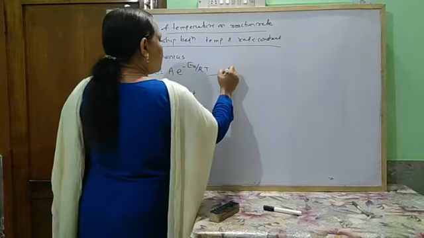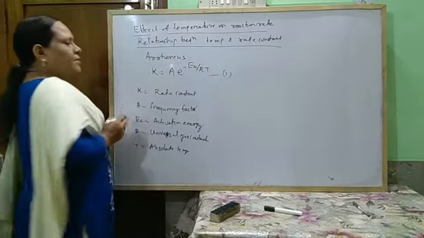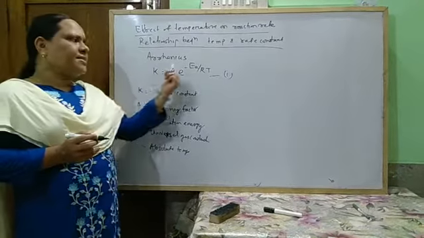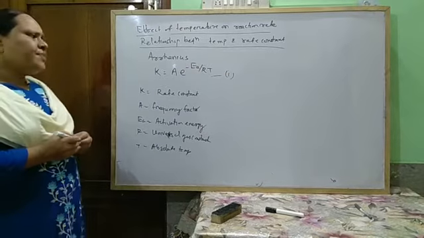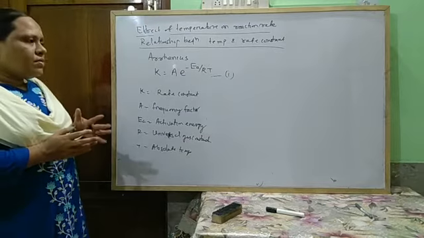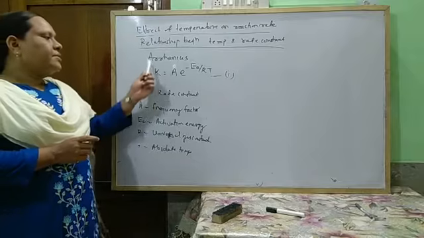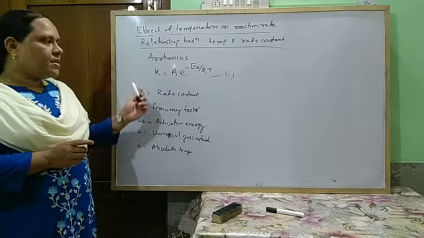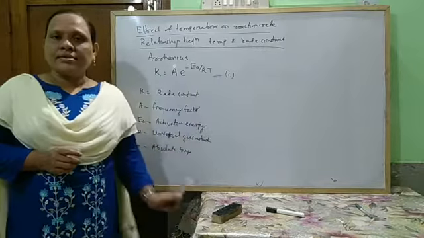Suppose this is equation 1. This is the relationship between rate constant and temperature. To find out more accurately, we have to express this in logarithm form.